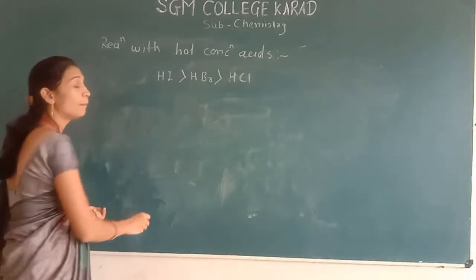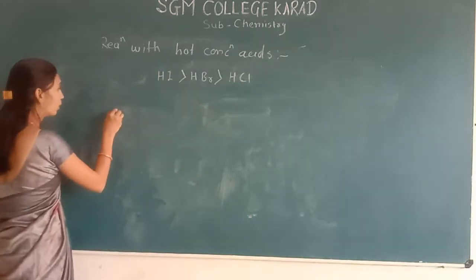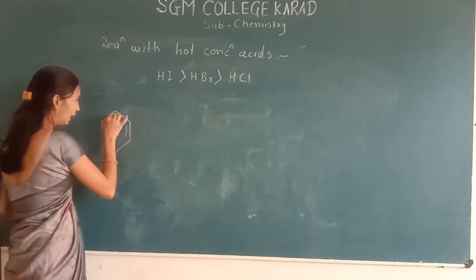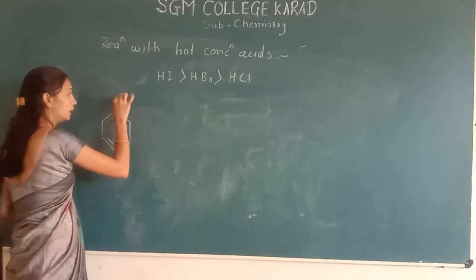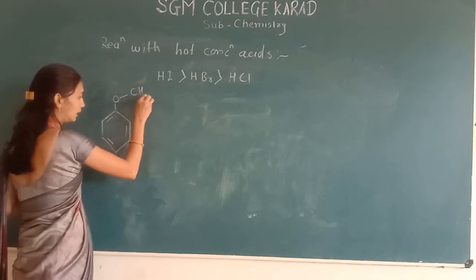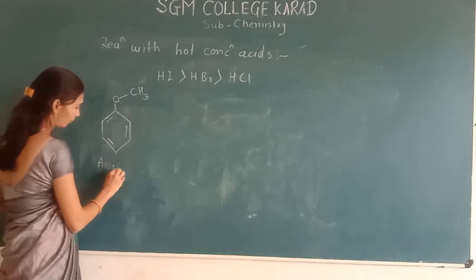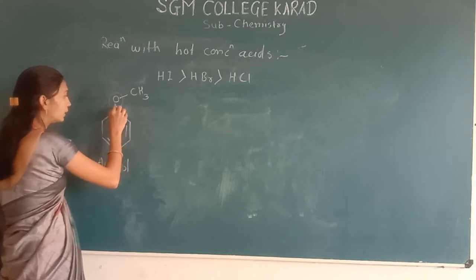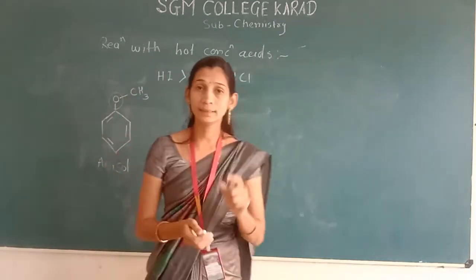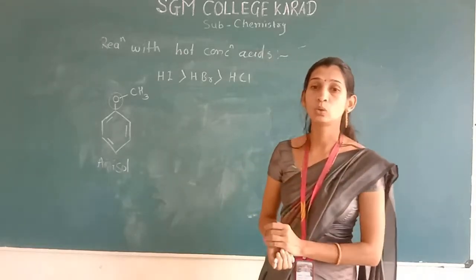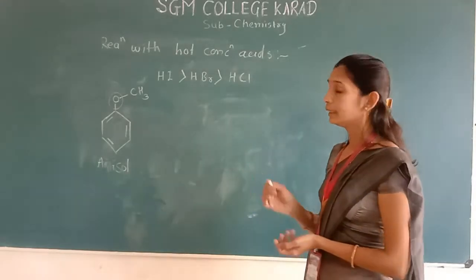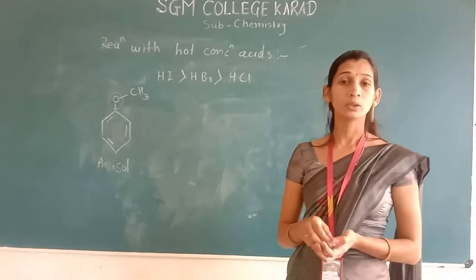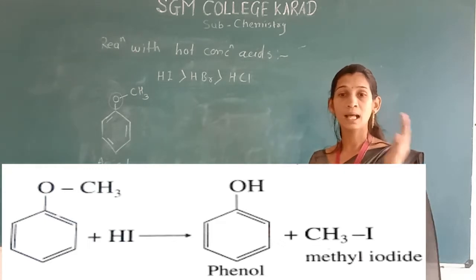If we are taking an example of anisole, you know the structure of anisole: the aromatic ring is present, the bond of oxygen is present here, and a CH3. Now, in anisole the bond between this O and the aromatic ring is very short but very strong.